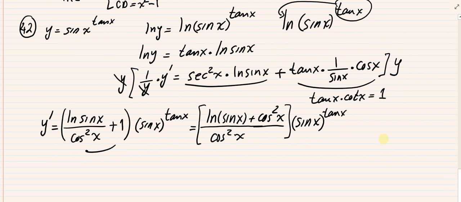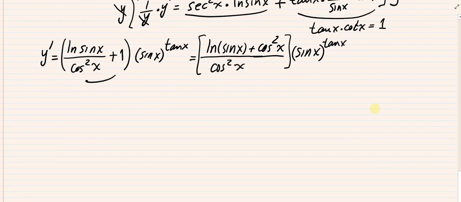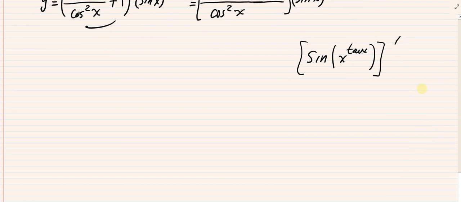And again, if it were sine of x to the tan x, and we wanted to find that derivative, that's going to be more complicated. For that one, the derivative of sine is cosine of x to the tan x, and then by the chain rule we find the derivative of x to the tan x.